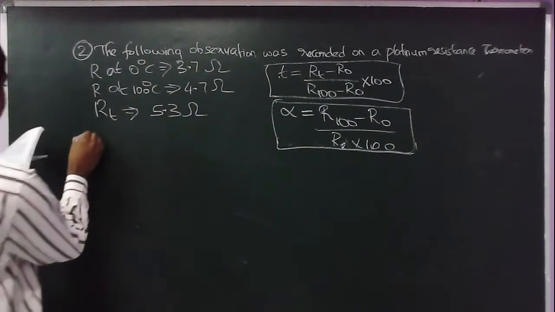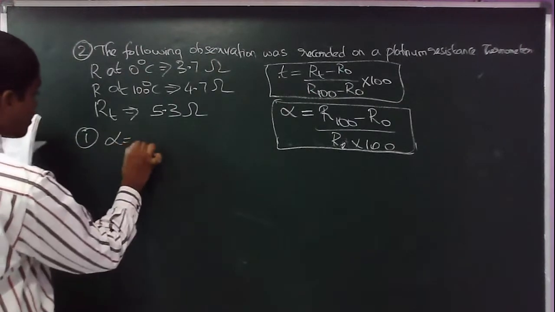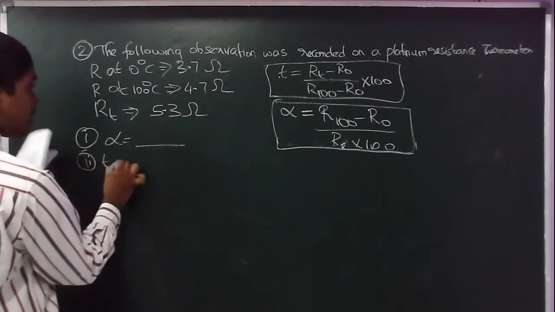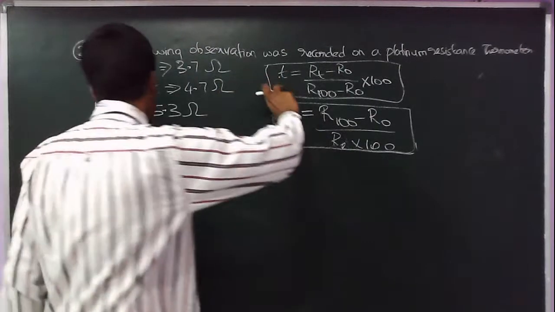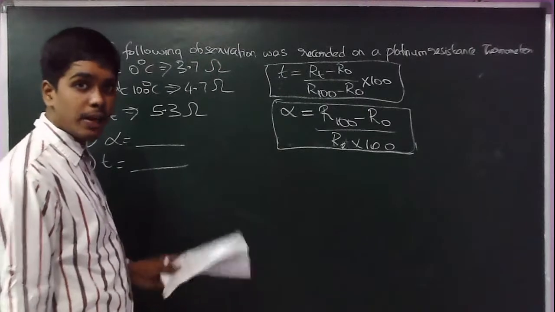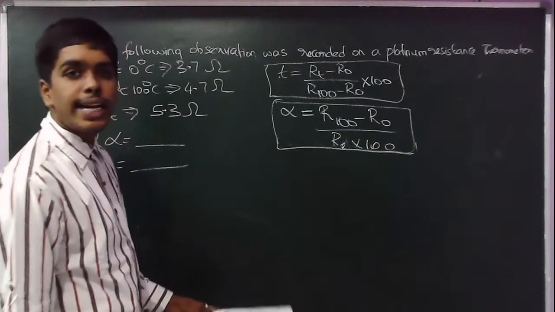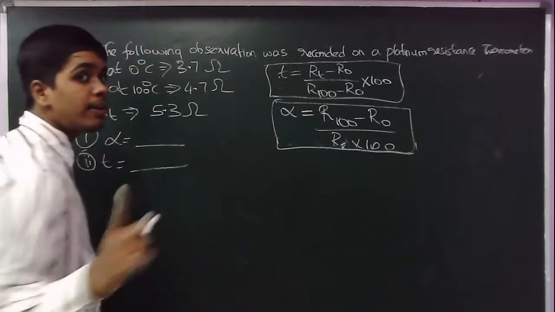Now we want to calculate alpha is equal to dash, and T is equal to dash. So you can solve by using these two. First you try, after that I will try. Post in the comments whether you got the right answer or wrong answer. So let's start. Pause your video.